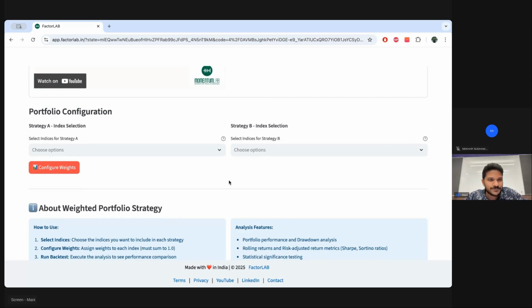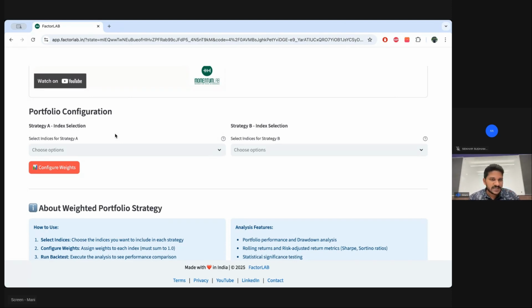I'll now get into how to use this tool. Essentially, the way we thought about this is, if you want to backtest a bunch of indices, let's say you have a strategy in mind: I combine index A, index B and index C. If I mix them in some proportion, which will eventually add up to 1 or 100%, and compare that with a benchmark, how is my strategy doing?